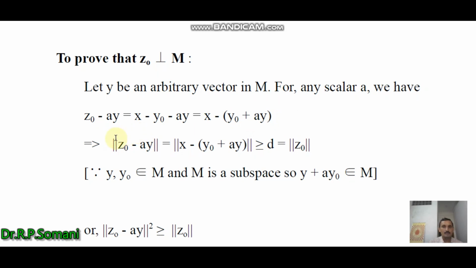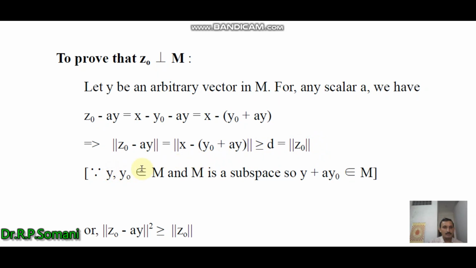This implies that the norm of z0 minus ay equals the norm of x minus (y0 plus ay), which is greater than or equal to d, which equals the norm of z0.